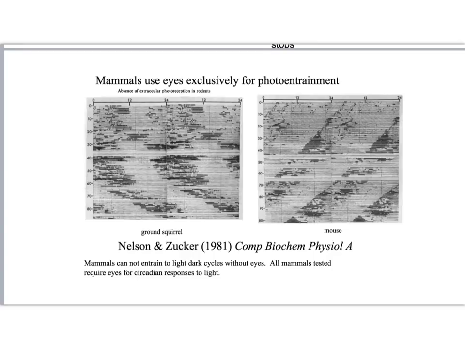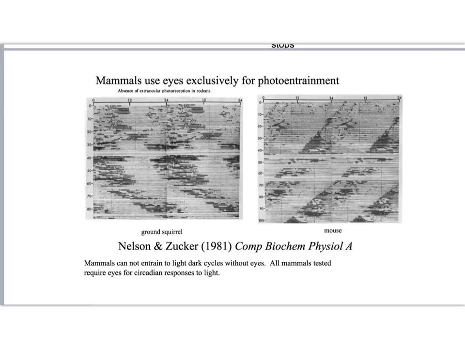Okay, what about mammals? Well, in mammals, similar experiments where you remove the eyes and then expose the animals to a light-dark cycle have clearly shown that mammals without eyes cannot show entrainment. So in other words, all our photoreception to the circadian system goes through the eyes. Now there are some findings that demonstrate that we also have photoreceptors in the skin that could synchronize local skin clocks, and actually all that evidence is from Ethan Berg, who works here at the University of Washington, working together with Russ Van Gelder in the Department of Ophthalmology.